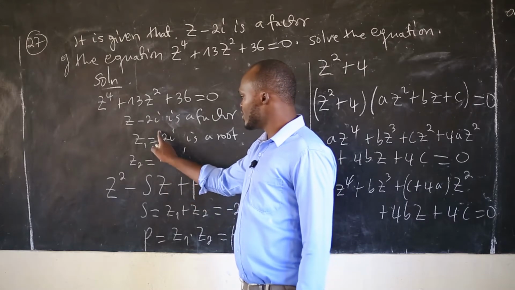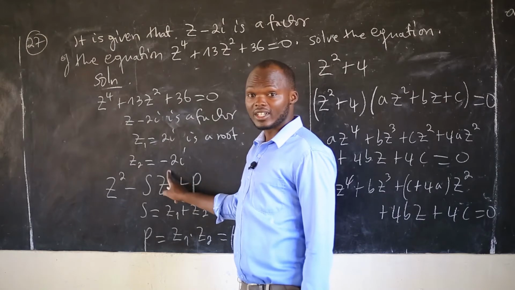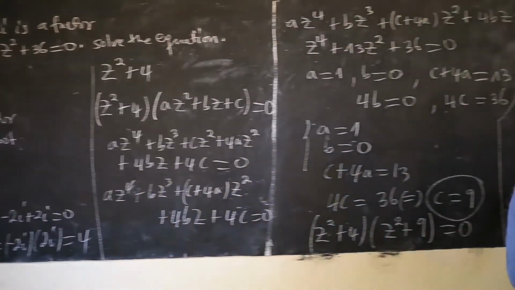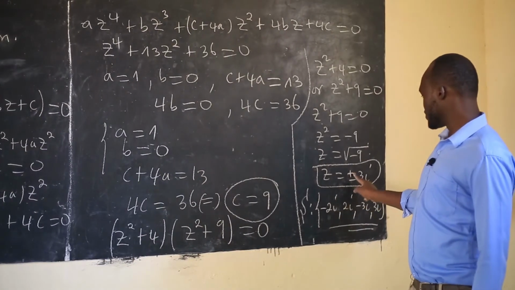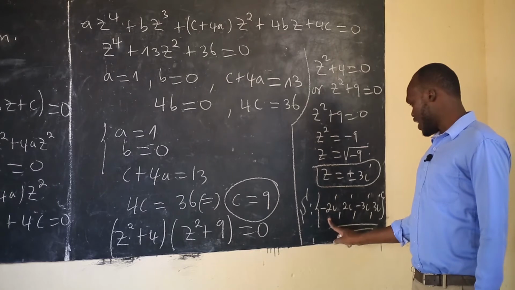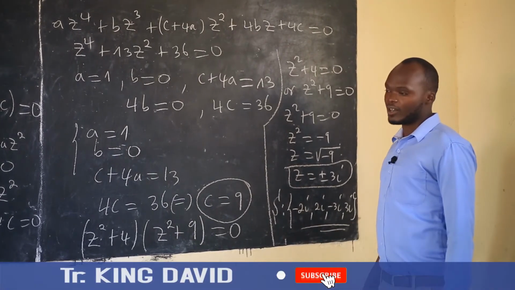So we were given one, so we have another one because it is its conjugate. So we remain to find the other two roots, which are plus or minus 3i. So our set contains negative 2i, 2i, negative 3i, 3i. I hope you don't have any question.